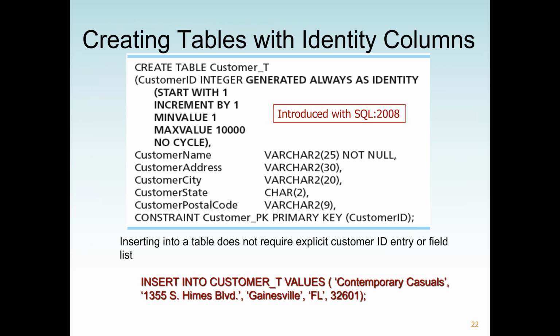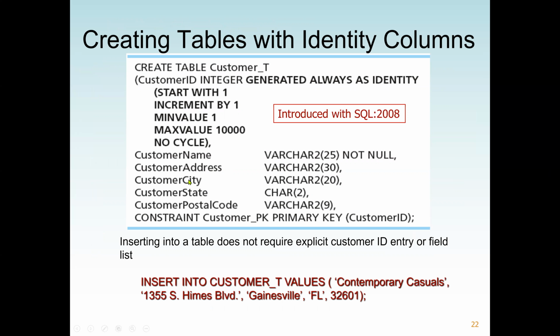And also we can create tables with identity columns. So here we have create table, the table name is customer T. We specify the customer ID, start with 1, increment by 1, minimum value 1, maximum 10,000, no cycle.